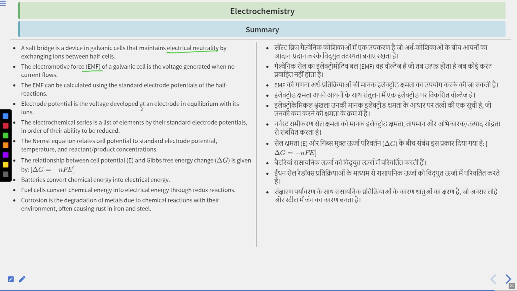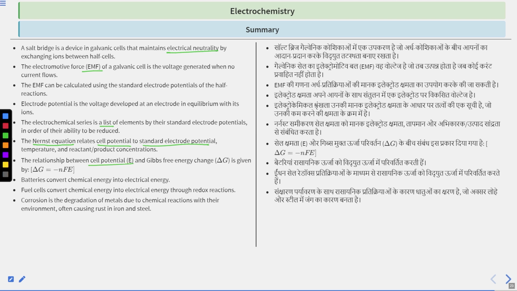Electrode potential is the voltage developed at an electrode in equilibrium with its ions. The electrochemical series is a list of elements by their standard electrode potential in order of their ability to be reduced. The Nernst equation relates cell potential to the standard electrode potential, temperature, and reactant and product concentration.